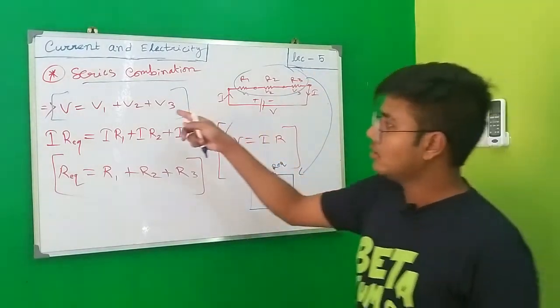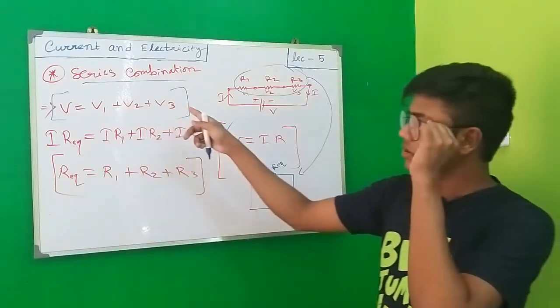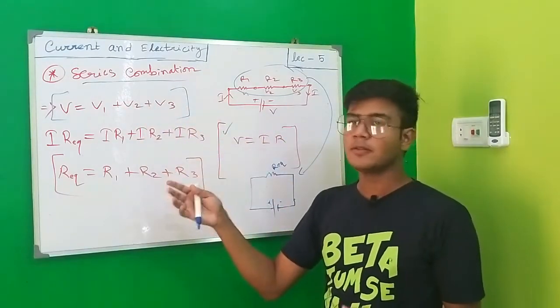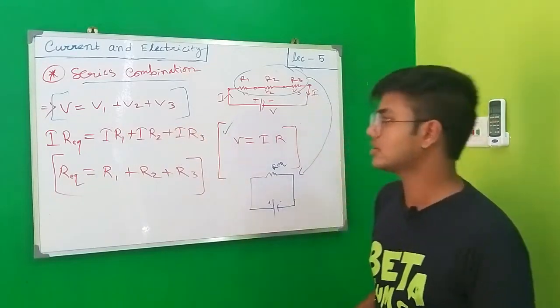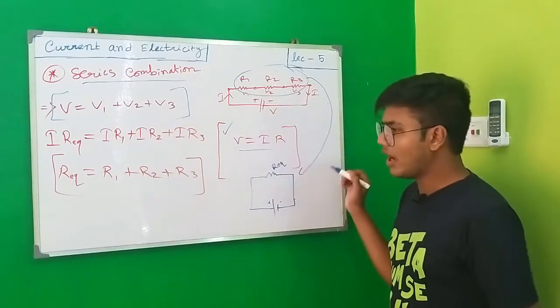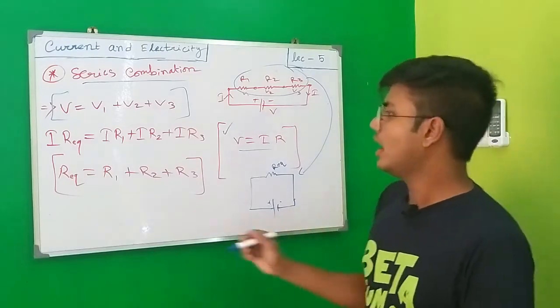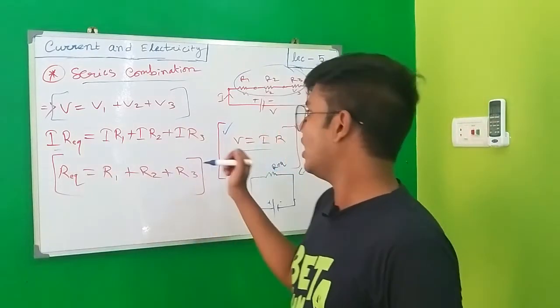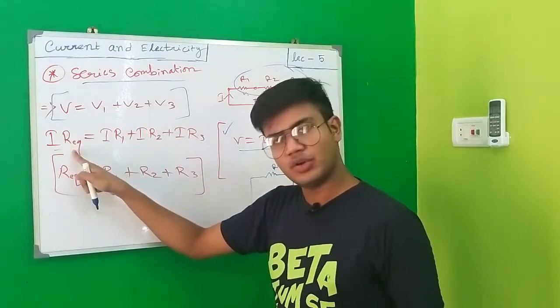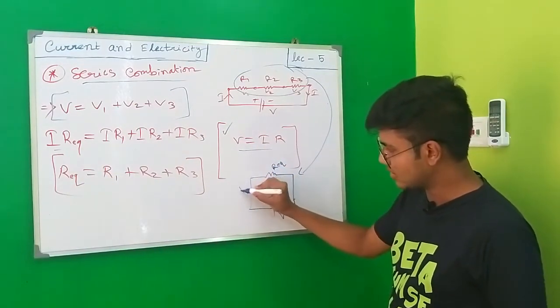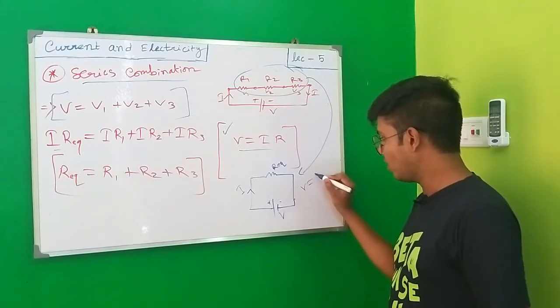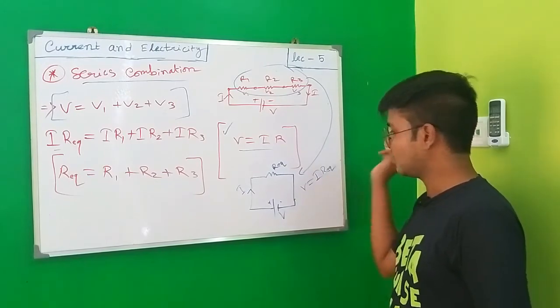Right now, the first equation is that the different potentials, when added, will give the total potential difference. We know that V equal to IR according to Ohm's law, and I am putting V equal to I R equivalent. That stands for this one. If this one is V, this one is I, then it will be V equal to I R equivalent.